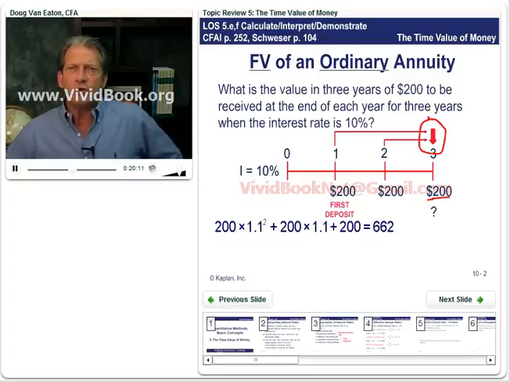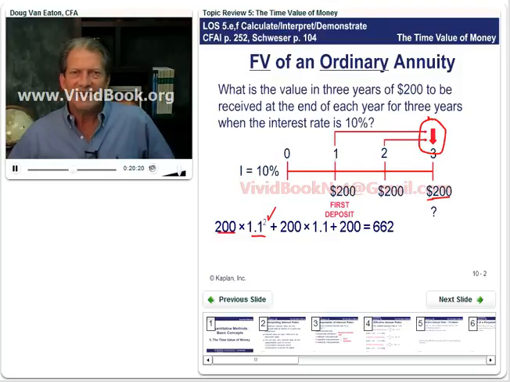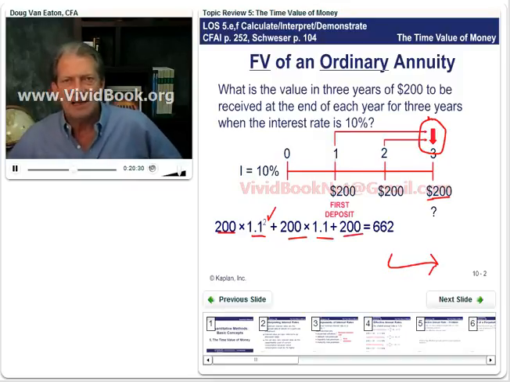So look at what's going on in calculating this future value. That first $200 payment is going to earn interest at 10% for 2 years. That second $200 is going to earn 10% interest between time 2 and time 3. And that last $200 doesn't earn any interest, so we just add that.